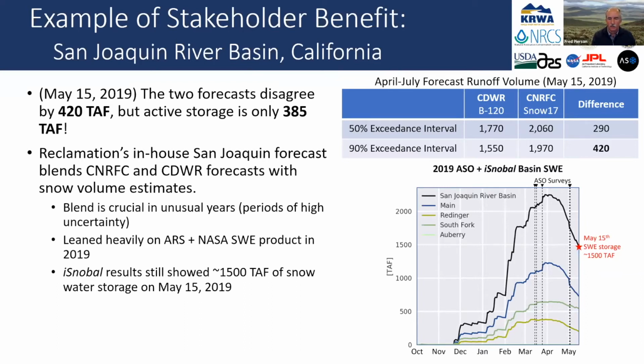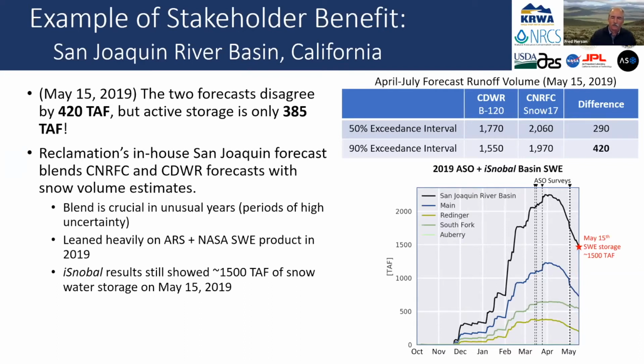So utilizing a tool like what we're talking about, where you can fly over, take a snapshot, and figure out literally where the snow is, how much is there, what state it is, and how much water still resides up there: in this case, on May 15th, they were off by 1.5 million acre feet, right? That's how much water was still up there, and almost a third of that was the difference between the predictions of those forecasts.